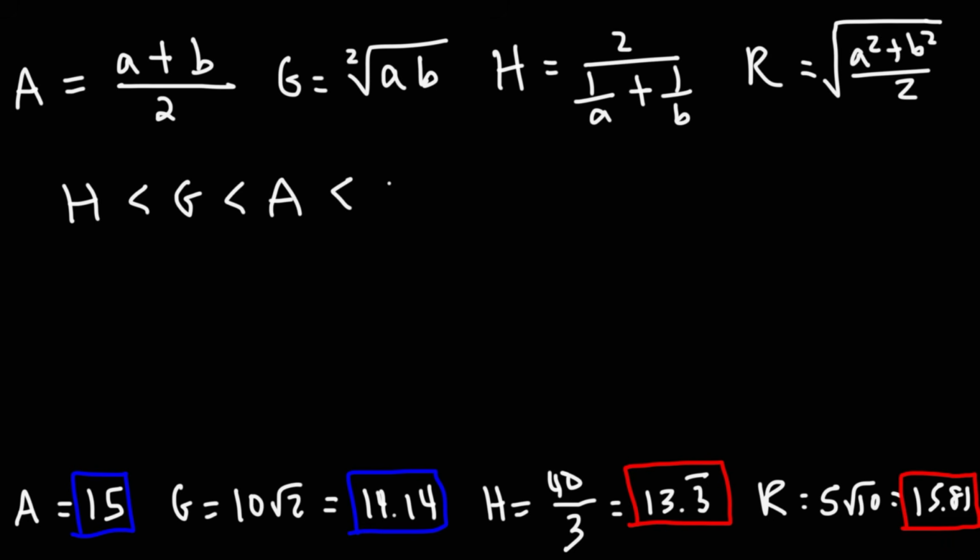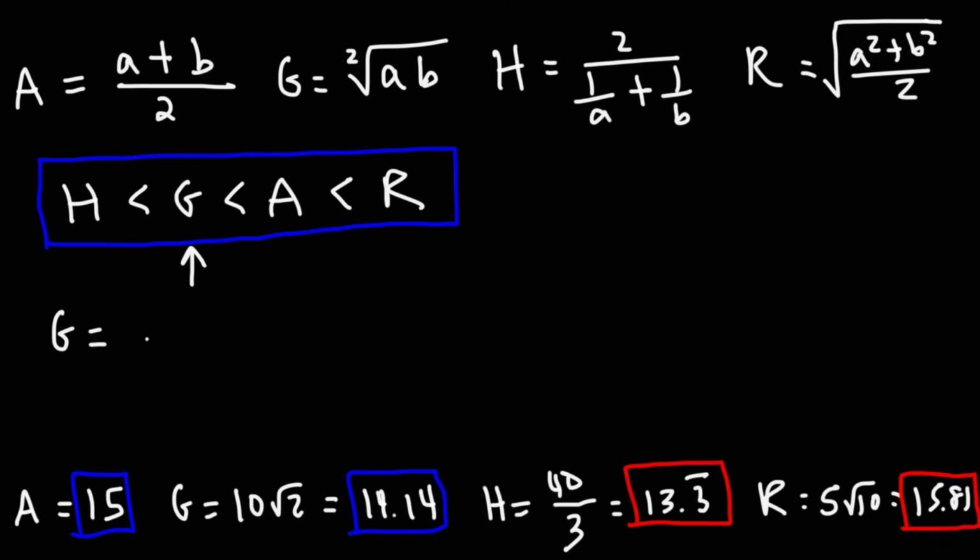And the root mean square is going to be the highest. So we have this pattern. H is less than G, which is less than A, which is less than R. Notice that the geometric mean is between H and A. It turns out that the geometric mean is equal to the geometric mean of the arithmetic mean and the harmonic mean.